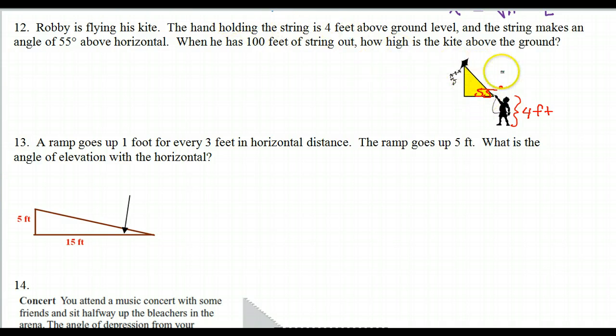And 100 feet of string, that means this side is 100 right here. So I'm just making this triangle a little bit bigger so we can see what's going on.